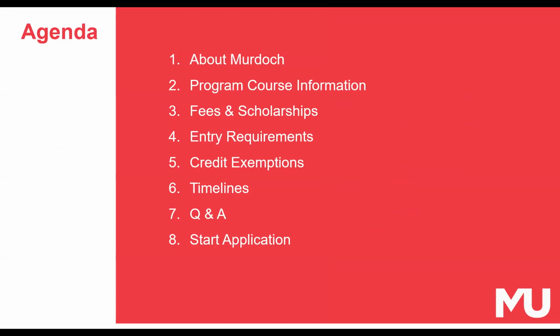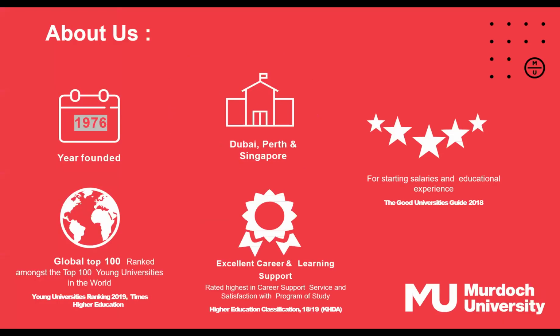We will also look at how you can do a credit transfer and credit exemptions. We would then finally look at timelines. We'll have a few minutes to answer any questions you may have. And if time permits, we'll probably help you start with the application today as well. So without further ado, let's get started.